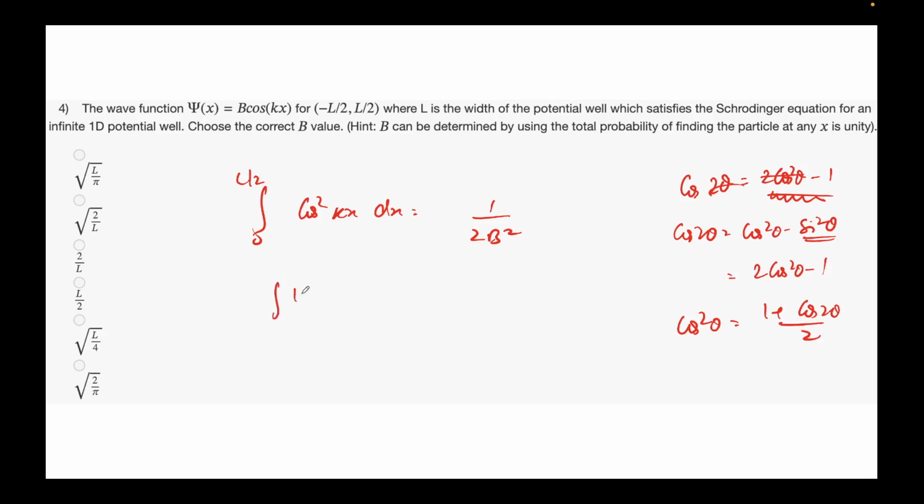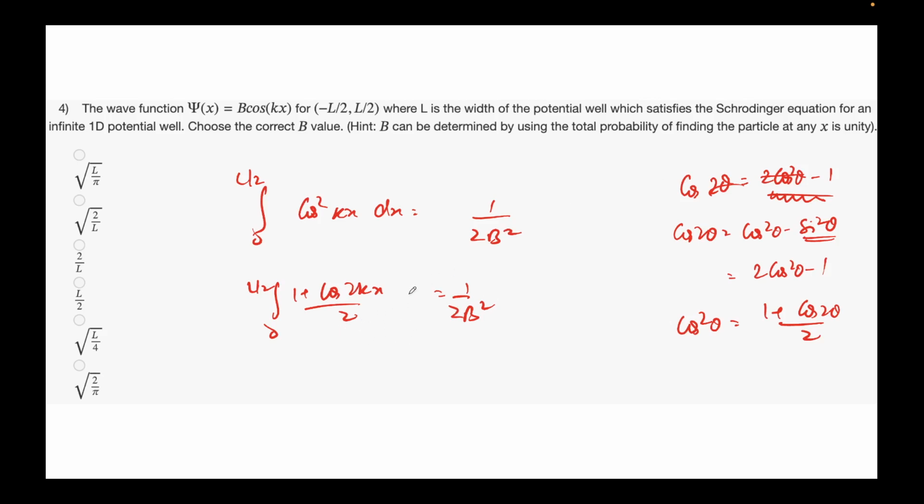So it will be written as the integral of 1 plus cos 2kx by 2, 0 to L by 2, equals 1 over 2b square, and you can just try to evaluate the expression from here. I'm not solving this in the interest of time because I want to get to more important problems, but the concept here was very simple.